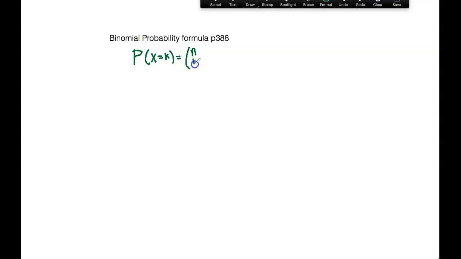This is not division. This is just the nCr. This counts the number of ways. You'll learn about the nk in probably math analysis if you're in math analysis, or if you already took it. Probability of success raised to the k. And sometimes here it would say q. If you ever see q, q is 1 minus p. p is probability of success. q is probability of failure.